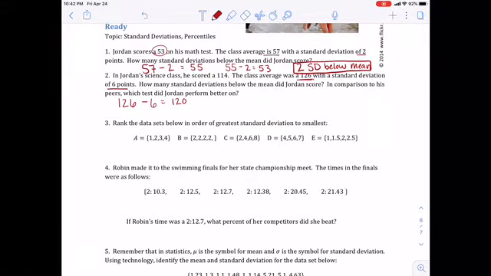Well, 120 is still higher than Jordan's score, which was 114, so I'm going to subtract another standard deviation. 120 minus a standard deviation of 6 points equals 114, which is Jordan's score. So once again, here in his science class, he is 2 standard deviations below the mean.